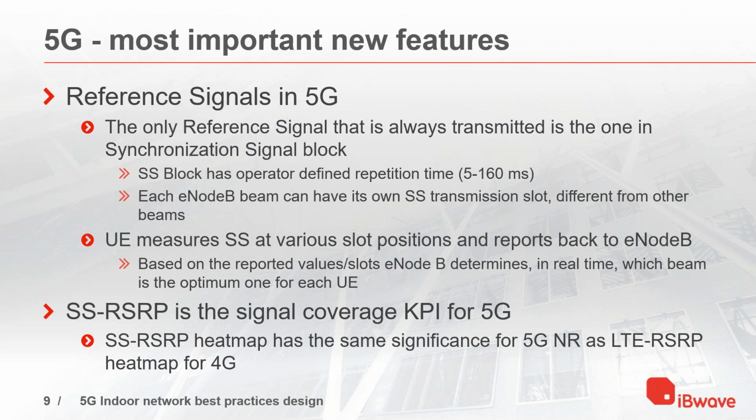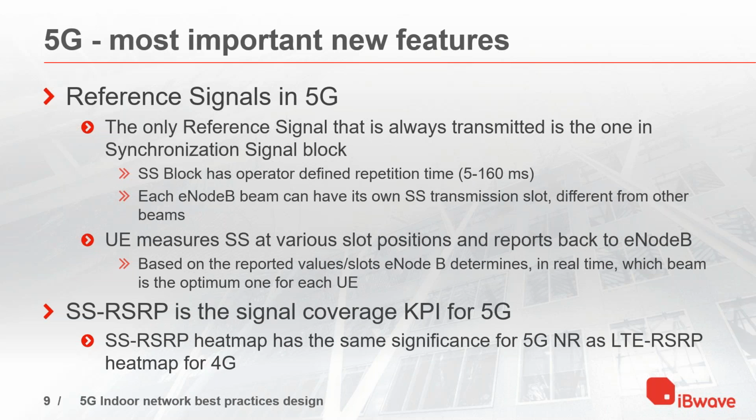What is the repetition time for your synchronization signal block? You have an option to go from 5 to 160 milliseconds. And each eNode B beam can have its own SS transmission slot, which is different from other beams. So that is another specific.